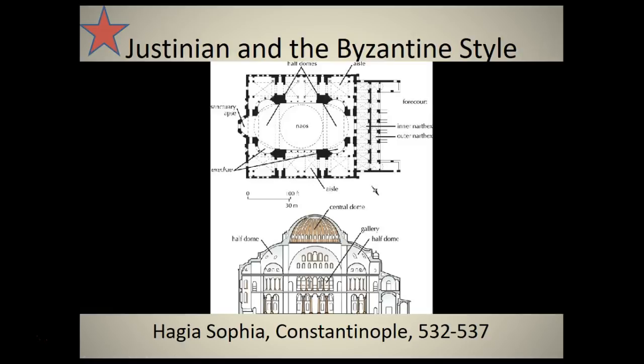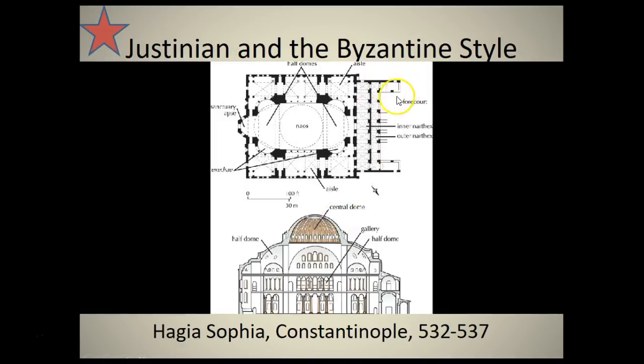So this is an example of a centralized floor plan with a longitudinal axis. Here we see a fusion of a centralized church plan with a basilica floor plan from early Christian churches. When you look here, it's definitely more of a square format. You have the dome, but you do have some other features.